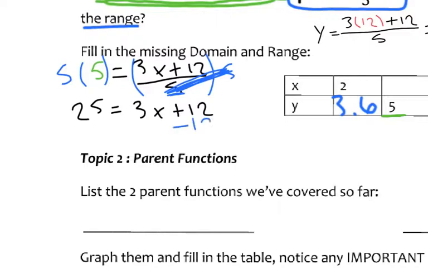So minus 12, minus 12. So 25 minus 12 is 13. So I get 13 equals 3x.